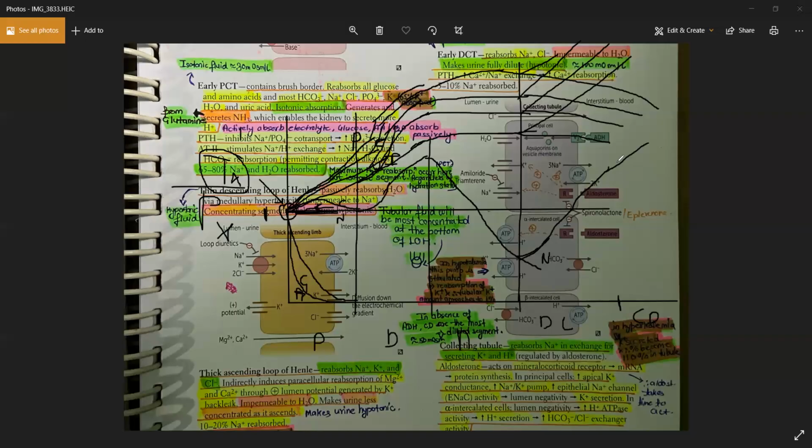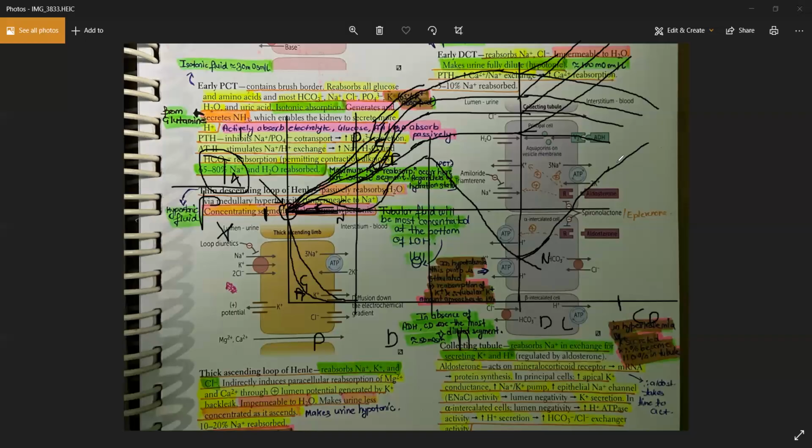Just note the concentration of a substance in a fluid. It depends upon two things: the amount of the substance, and second, the water. If you have low water and a high amount of that substance, you will have a high concentration in the solution.